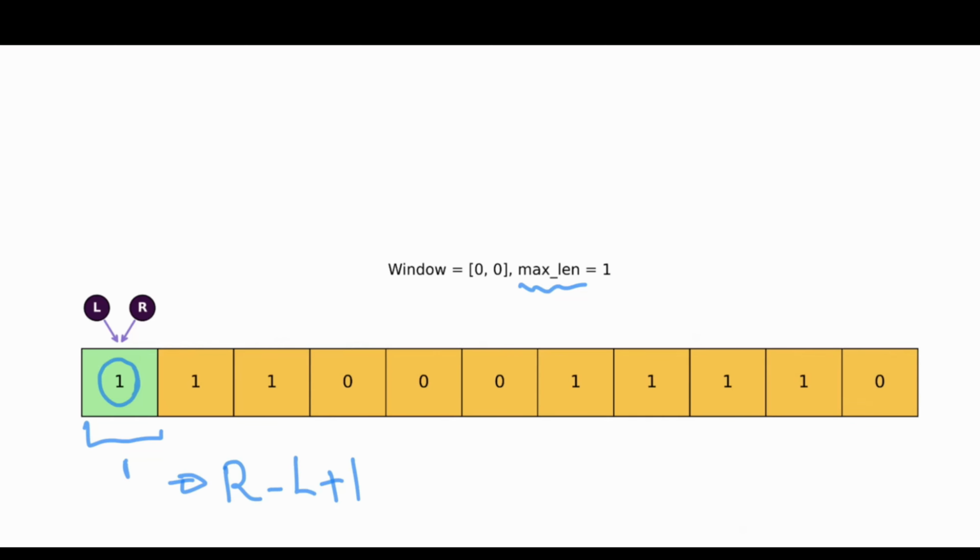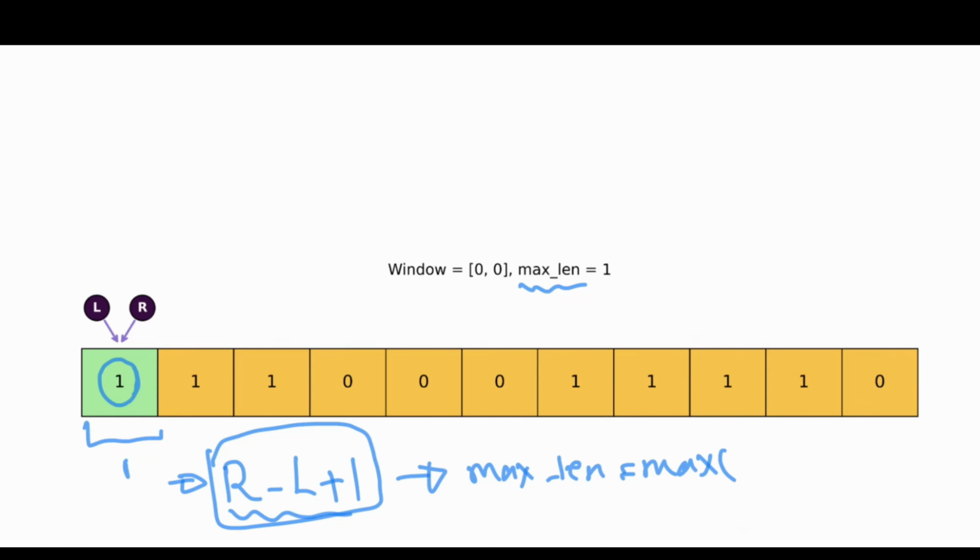At the first step this maximum length is 0, and at each iteration we compare this value with the maximum length, and if this value is greater than the maximum length, we update the maximum length.